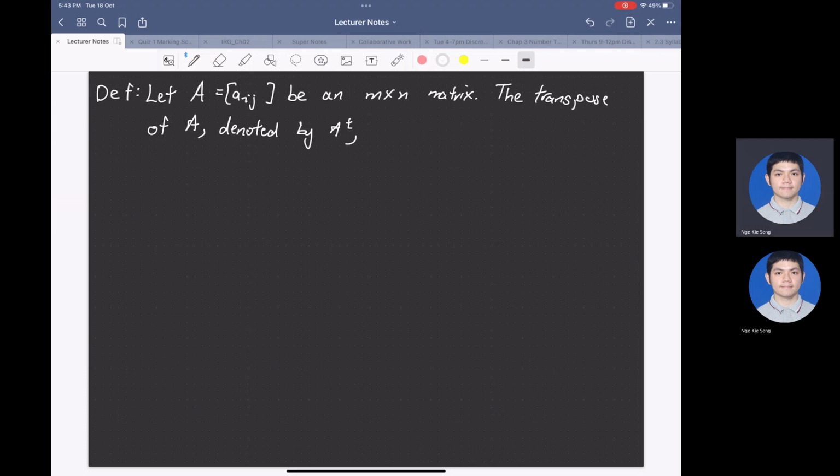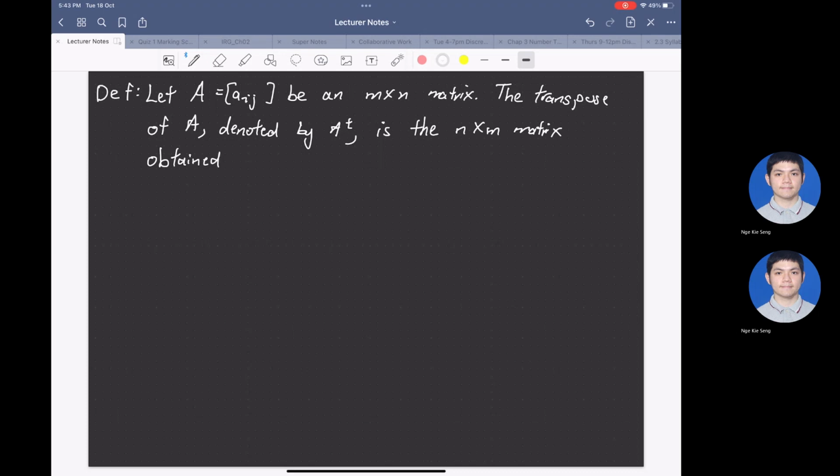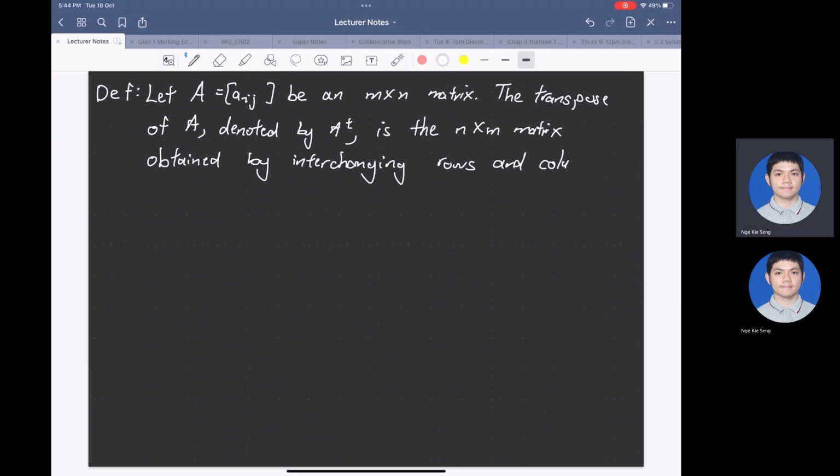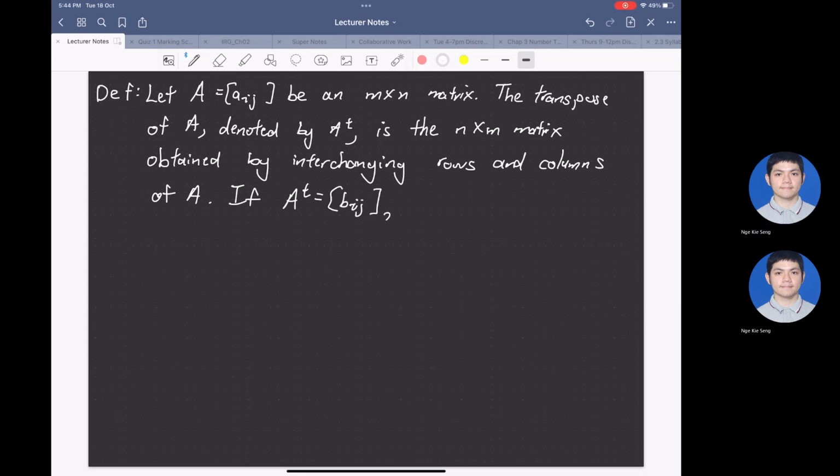You interchange the rows and columns. If A transpose is written in this B_ij form, then B_ij equals A_ji.